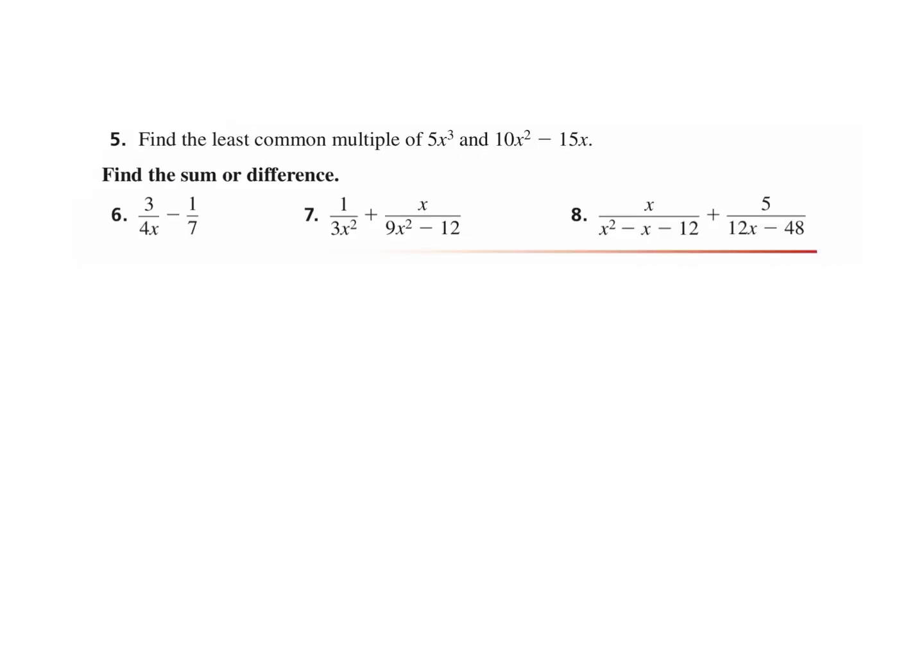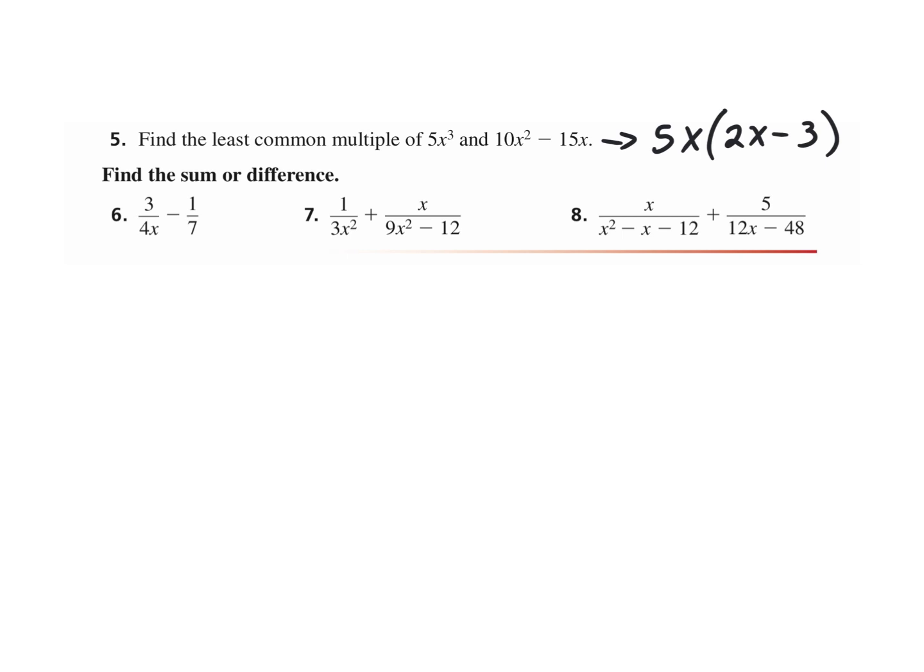So for number 5, they want you to find the least common multiple of 5x cubed and 10x squared minus 15x. Now, since there's nothing I can take out from the first term, I'm going to go ahead and try and factor the second, see if there's anything that's common. Now I can take out a 5x for both of these. So I'm left with 2x minus 3.